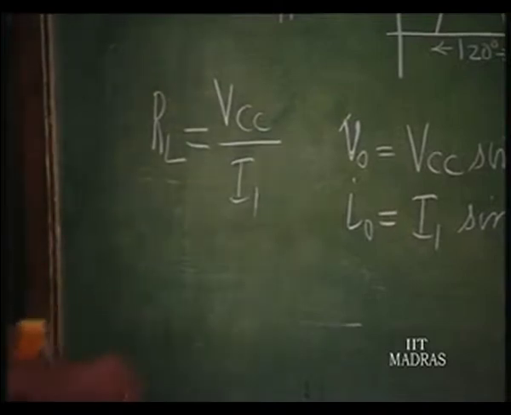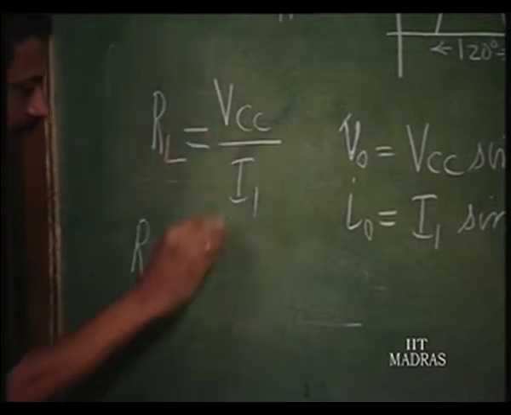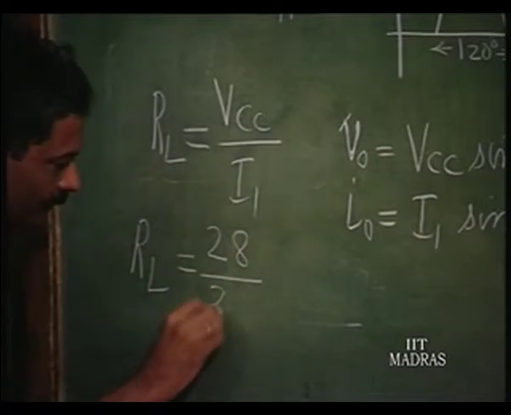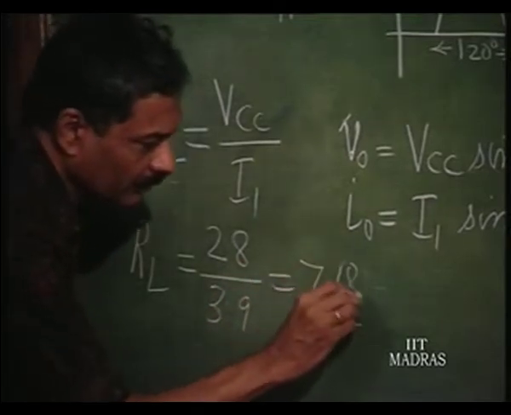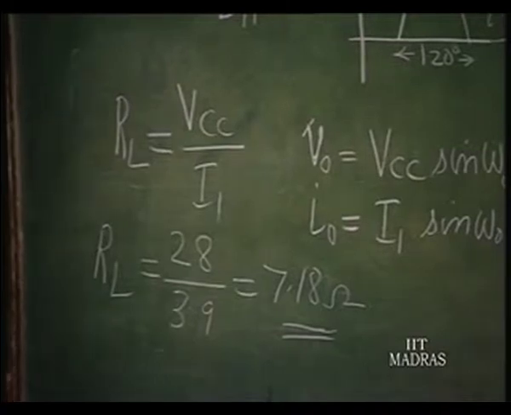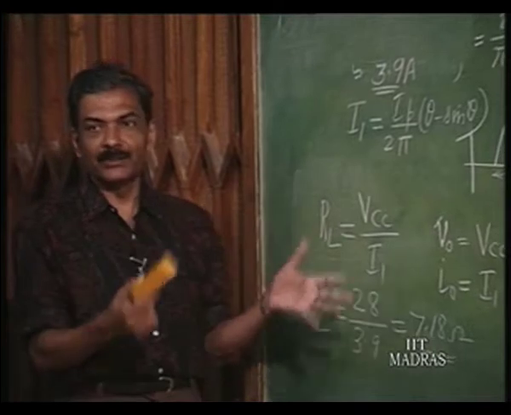So, this is the peak current of the fundamental of this current pulse, 4 ampere. We can now use this for obtaining the load resistance RL as equal to VCC, 28 volts, divided by 3.9 amperes, which is very nearly equal to 7.18 ohms. That is the load resistance that we must have, as the effective load resistance.